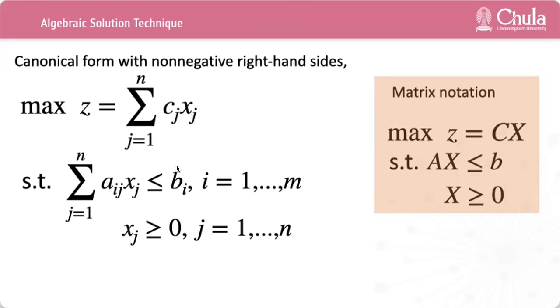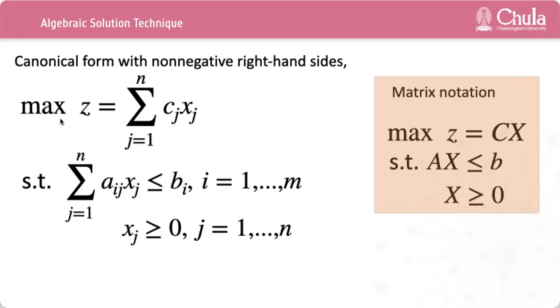So for the canonical form, of course, you rearrange the inequality constraints. All the constraints must be inequalities, and they must be written such that the right-hand side becomes non-negative.